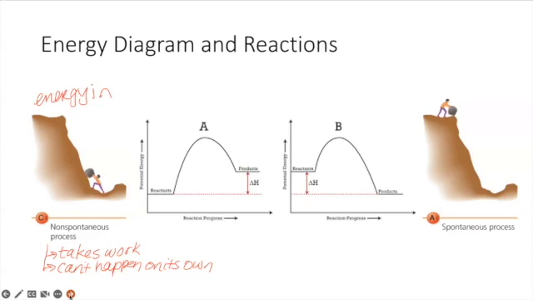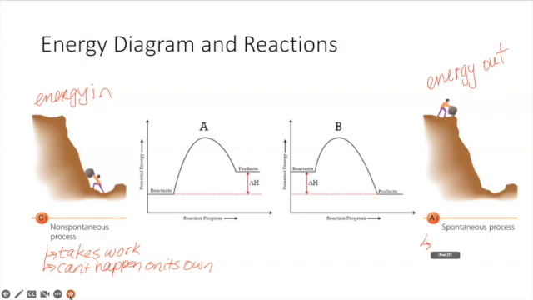Another example that I like to think about is sledding. If you want to go down the hill, you have to climb up it. In turn, when you're sledding down that hill, you're not doing much. Energy out. This process happens on its own.